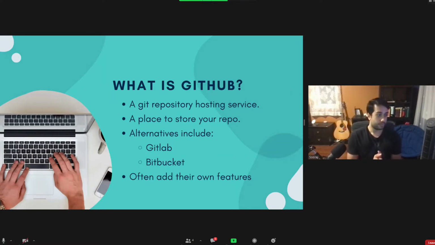There are a couple of alternatives to GitHub, most commonly GitLab and Bitbucket. You can use any of these, and more or less they do the same tasks, but sometimes they'll add their own features. And these features can make Git a much more powerful tool, but we'll get into that a little bit later on.